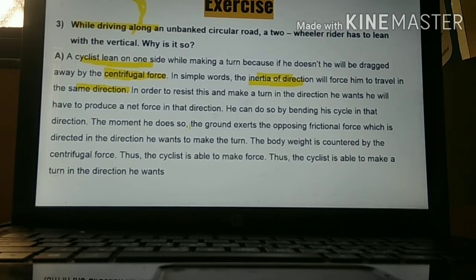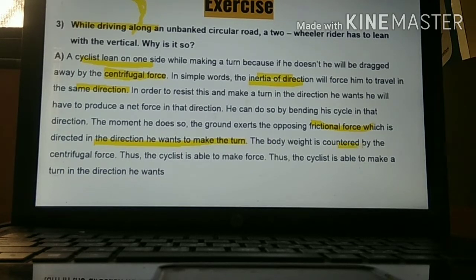The moment he does so, the ground exerts an opposite frictional force, which is in the direction he wants to turn. Okay, so in whichever direction he wants to turn, whenever the cyclist bends, what will happen? The ground will provide some sort of force which will help him to move in that direction.